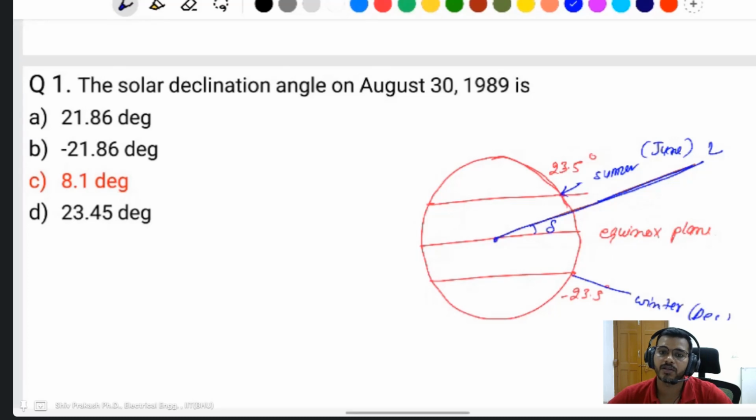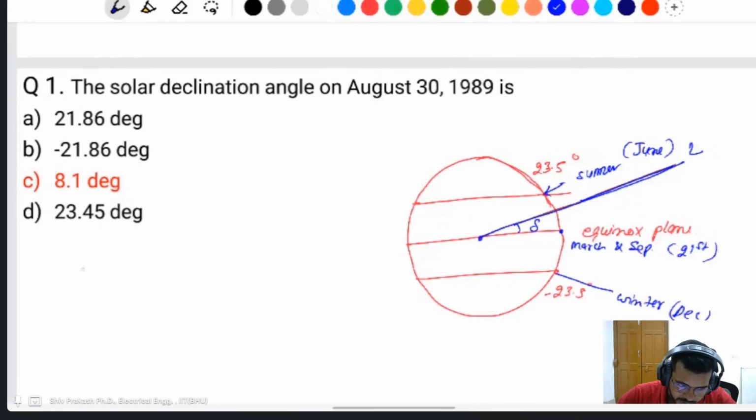At March and September, the insolation line takes the same position on the earth. On the 21st, it will be the same line, and the angle with the equator plane will be 0 declination angle.